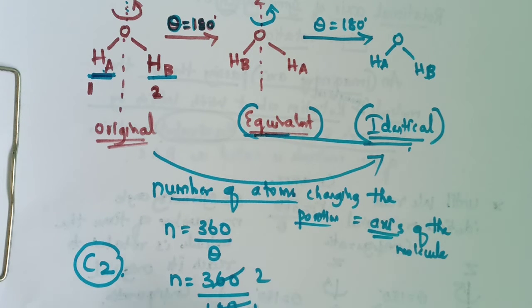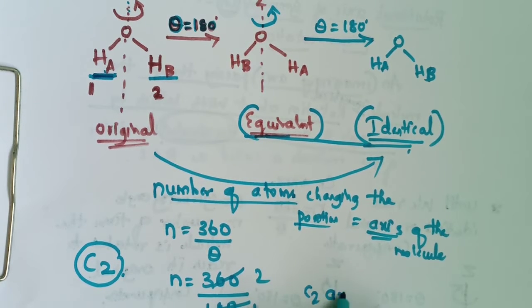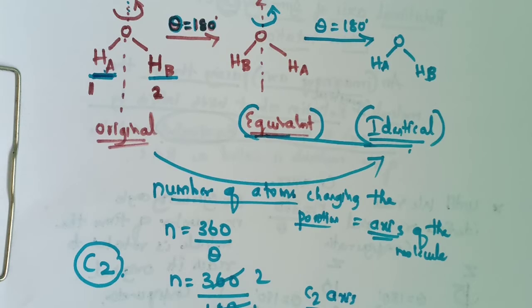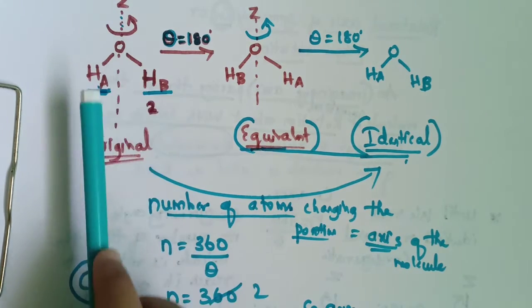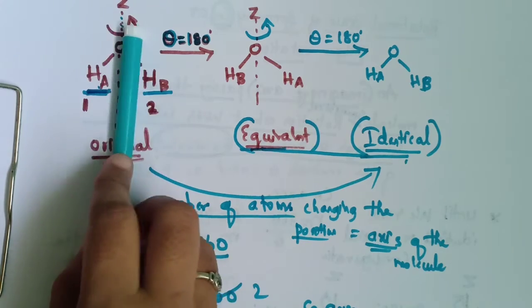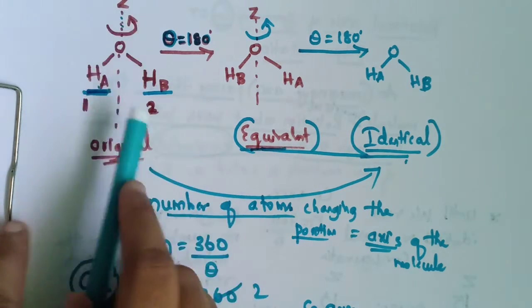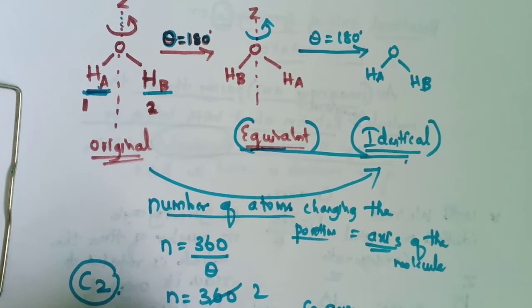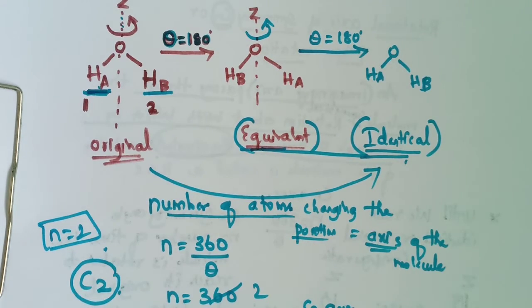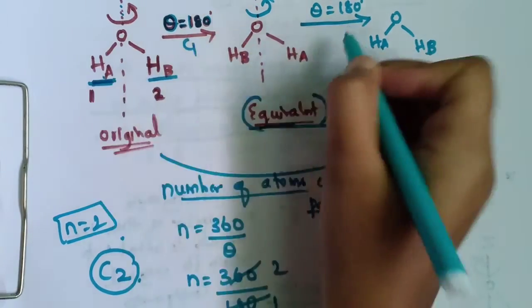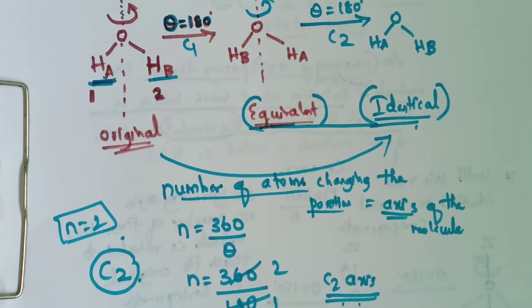So by calculating we have got it is a C2 axis. By seeing this molecule only, we can see how many atoms are changing positions. Here H2O is rotating like this, and these two hydrogens, HA and HB, are changing their positions. So it is the axis of the molecule, that is n is equal to 2. It is C2 operation.